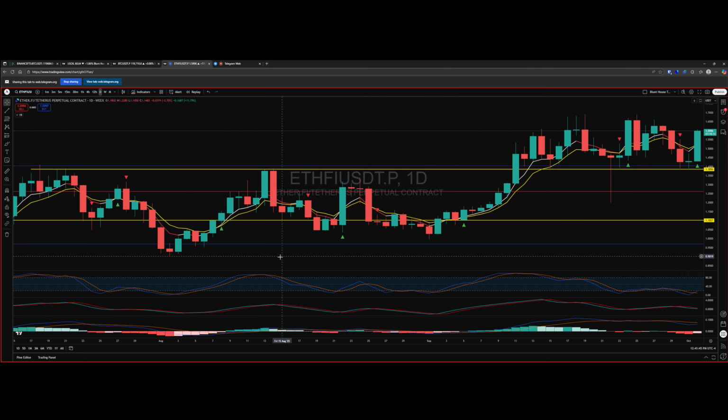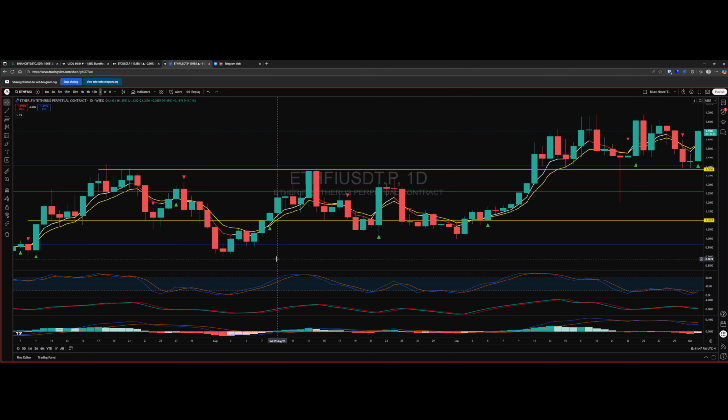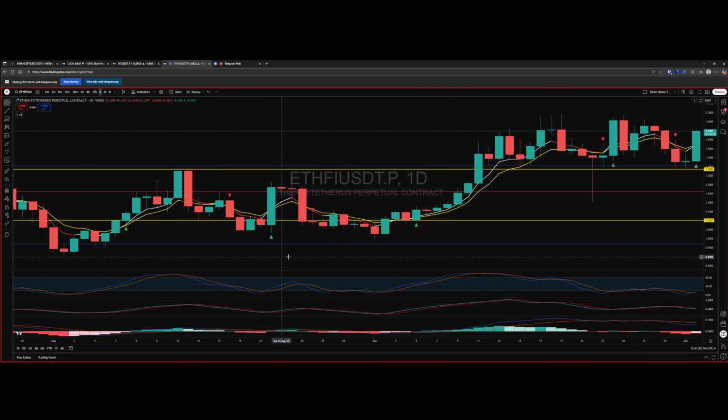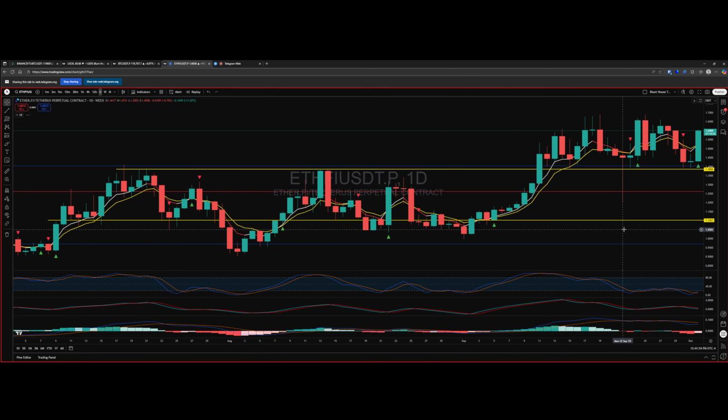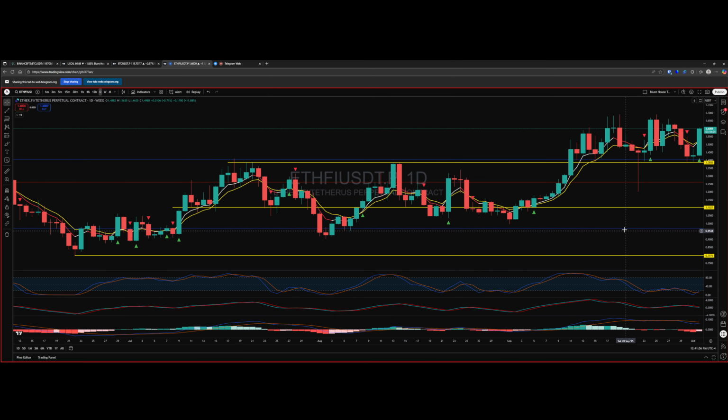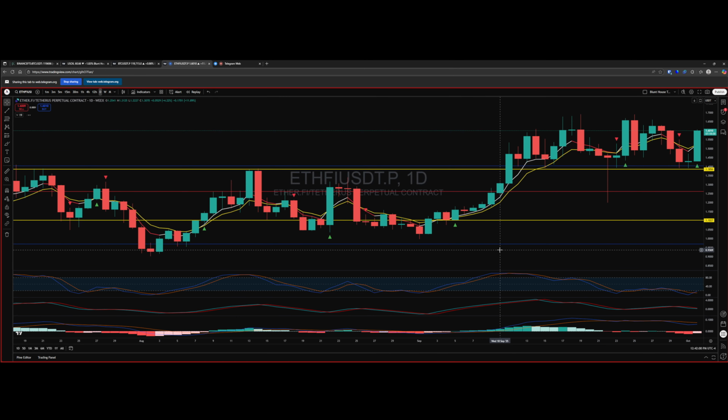This is an incredibly volatile thing to trade, so I'm going to say that and preface that in advance. When you see it on the daily, it looks relatively organized, but when you shorten those time frames up, these are big, massive swings that are difficult to manage.